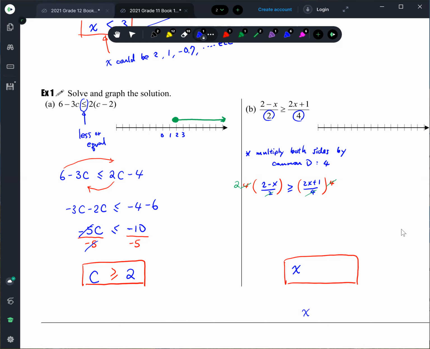I have the answer now. Yep, what's the answer? X is less than or equal to 1. Okay. Oh, no fraction. I think this one, the answer will have a fraction though. Yeah, double check, all right.